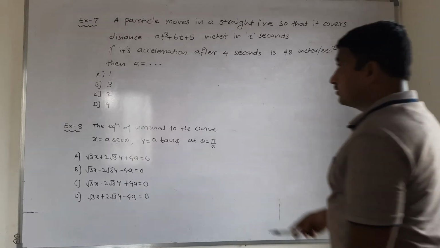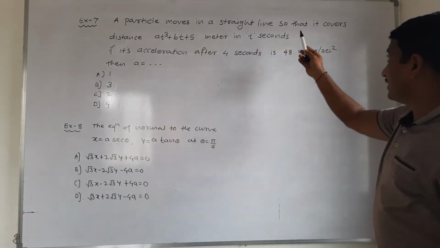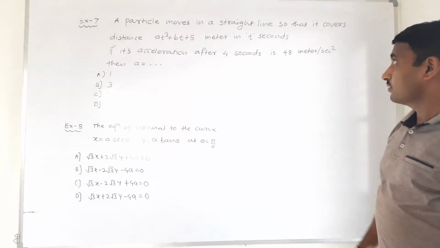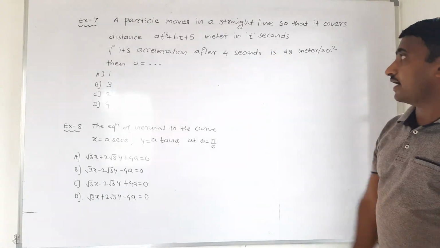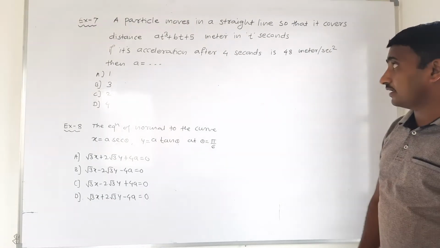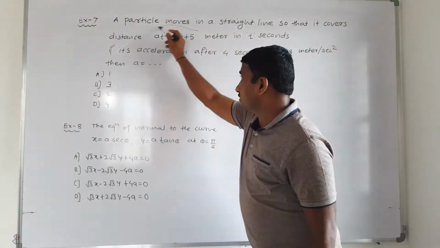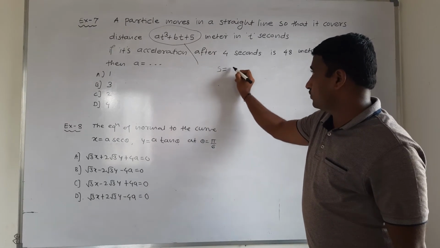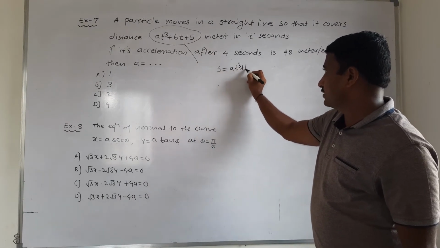Next example, a particle moves in a straight line so that it covers distance at³ plus bt plus 5 meters in t seconds. Its acceleration after 4 seconds is 48 meter per second square, then a is equal to? This is the displacement, s is equal to at³ plus bt plus 5.